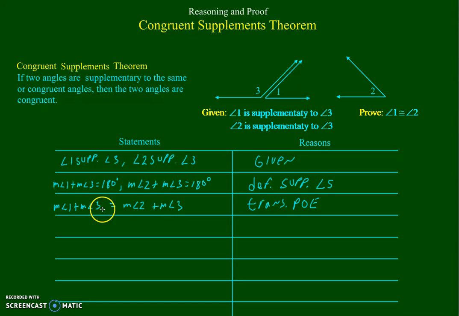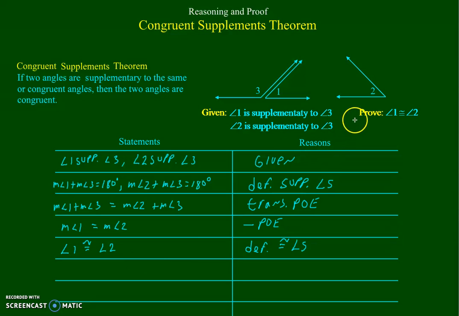Now I have this common angle 3 here, and I'm looking to get angle 1 and angle 2 by themselves, so I'm going to subtract out the angle 3 from both sides. And now, because angle 1 equals angle 2, and I have to get to congruence, I know that by the definition of congruent angles, if their measures are equal, then the angles are congruent.